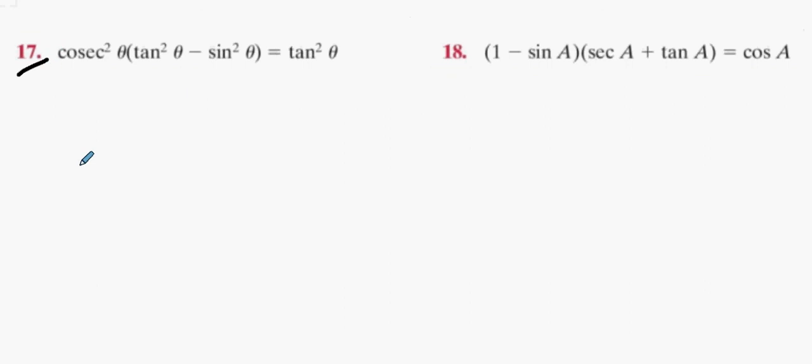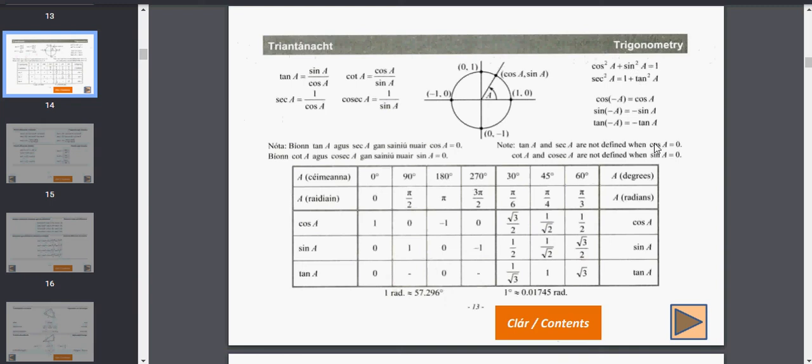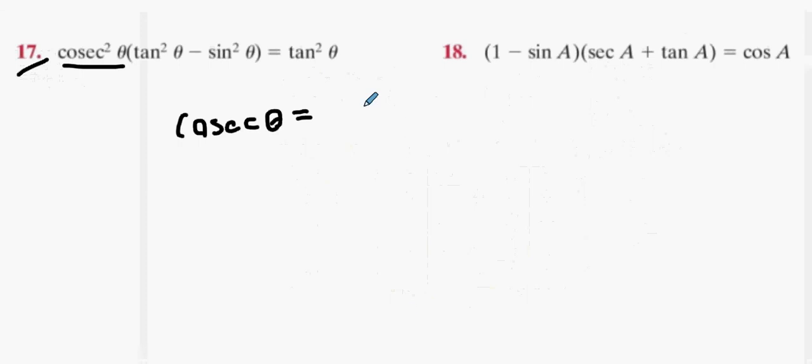So 17. I'm going to try and find out what cosecant means. I've already forgotten. That's what your tables are for. Your tables are for finding out what cosecant is. So have it here. Oh, there it is. Cosecant is 1 over sine a. So good old tables. 1 over sine theta.